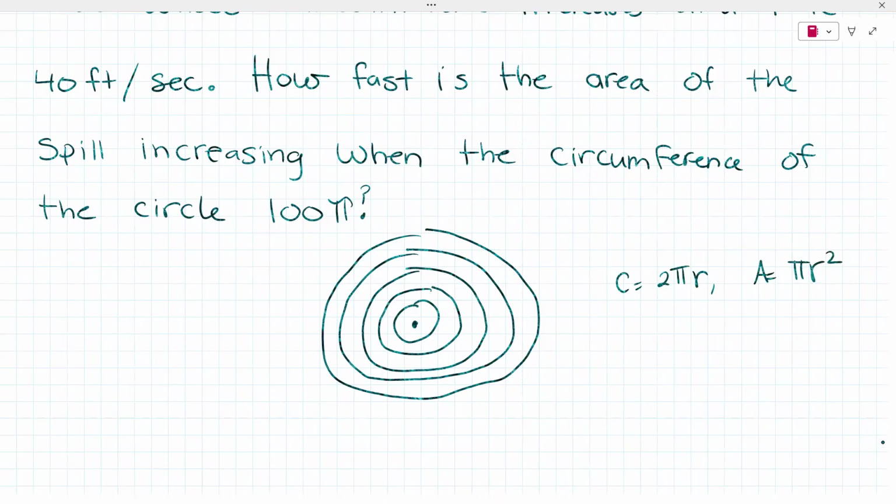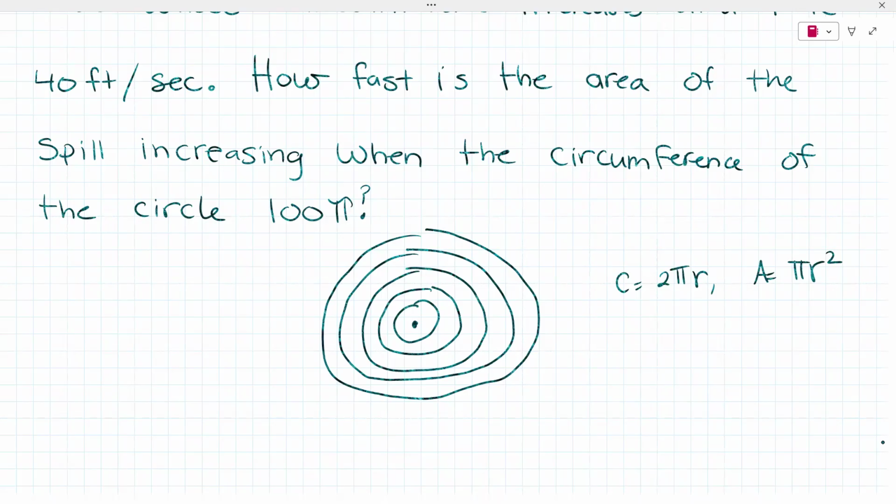They also tell us that the oil spill from a tank spreads in a circle whose circumference increases at a rate of 40 feet per second. That is a rate, right? 40 feet per second is a rate, related to the circumference of a circle.